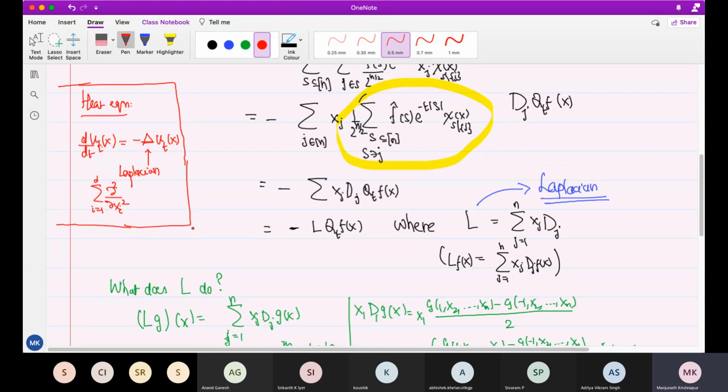If you have ever seen Green's theorem and so on, you may know the following: Laplacian f of x is actually the limit as r goes to 0 of, you take the ball or the sphere of radius r around x and average f of y minus f of x.